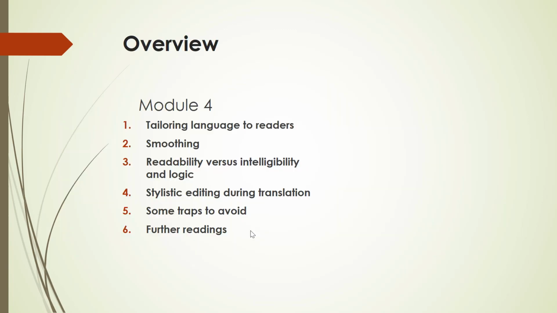So, have a look back at the overview of this module: how to tailor language to the readers, the problem of flow, smoothing, the problem of readability versus intelligibility and logic, the problem of stylistic editing during translation, and some kind of traps to avoid.